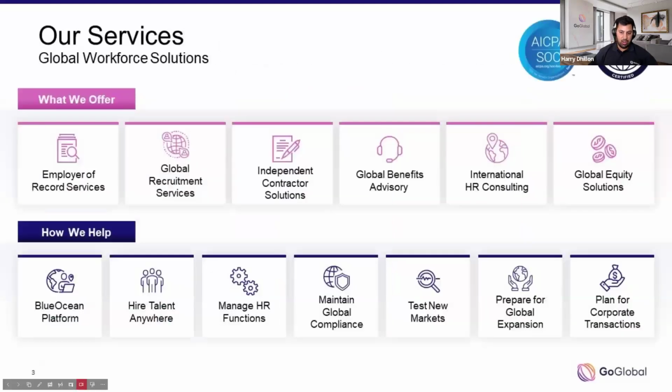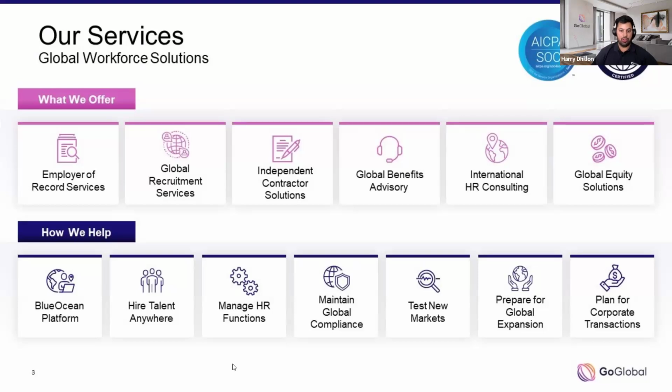Thank you. Our primary service or solution that we offer is our employer of record solution. This is a service where we help our clients hire global talent around the world without them physically needing an entity. So we act as the local HR in the country where we have the entities, and the client that we work for supervises, directs, and controls the workers, but they're treated like any other employee.